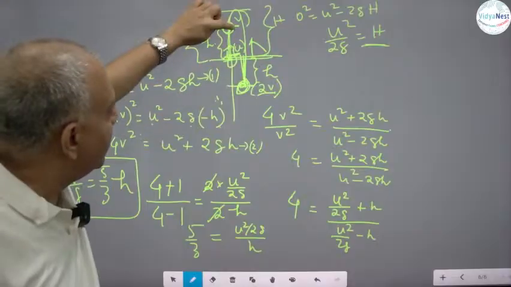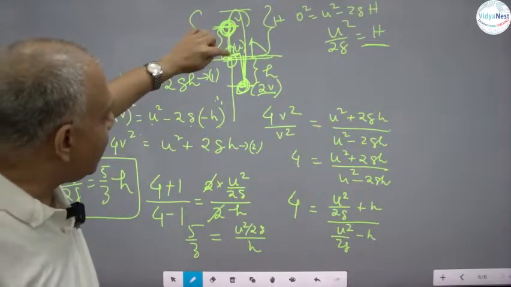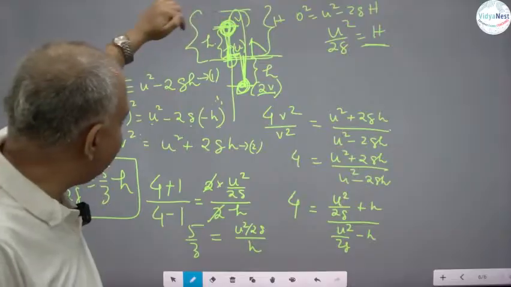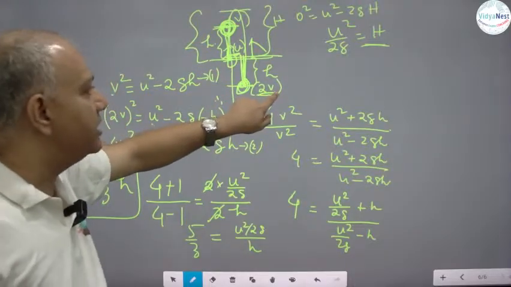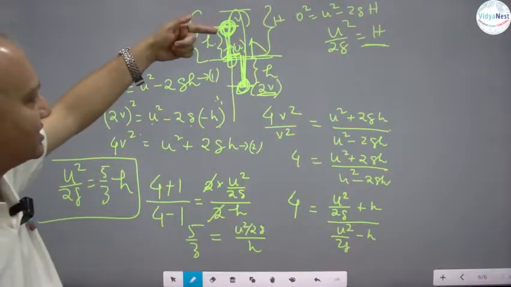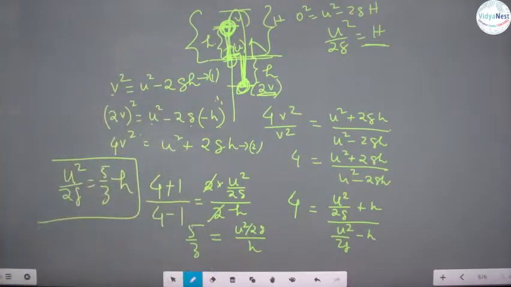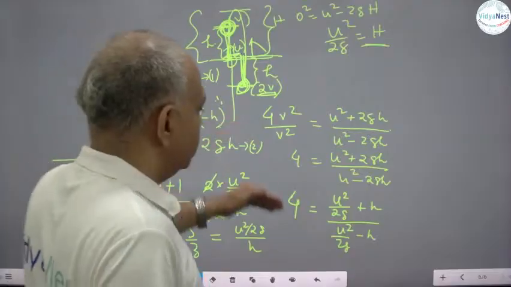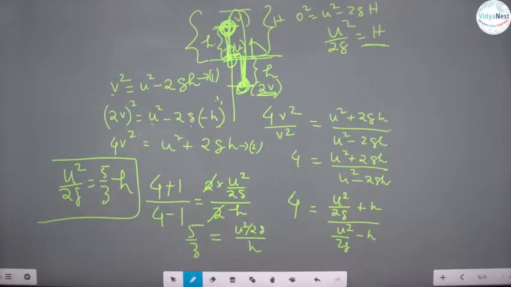In the upper height h it had a velocity v, but in the lower height h it had a velocity 2v. Then the question was asked: what is the maximum height it can reach? So this is the procedure through which we can solve this. This kind of question can be asked to students in any kind of competitive exam. Okay, children.